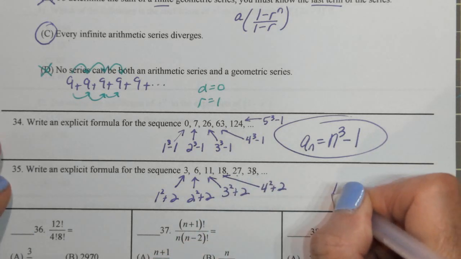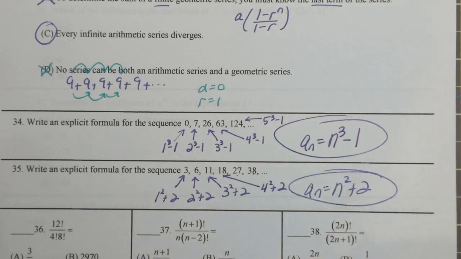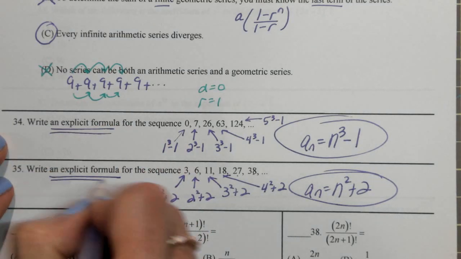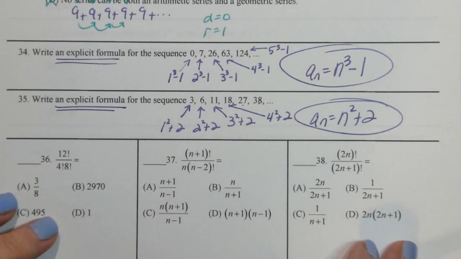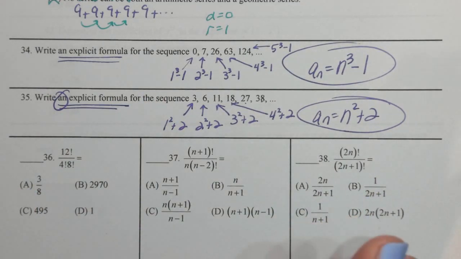Yes. So it would be n squared plus 2. So those work. Now there might be others that work, but I know that those work. It says an explicit formula, not the explicit formula. So maybe there's another one that works.